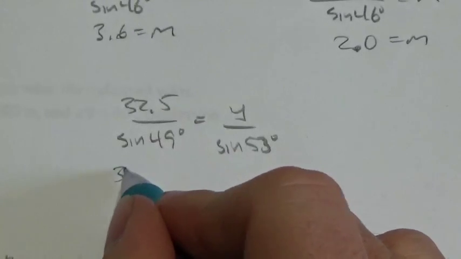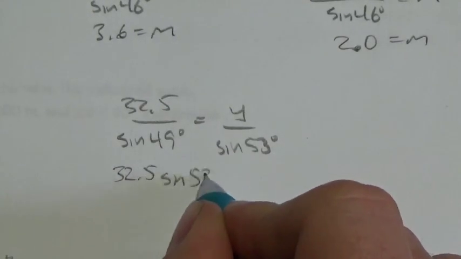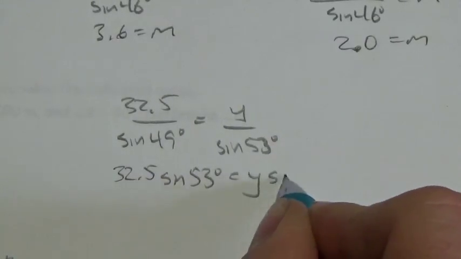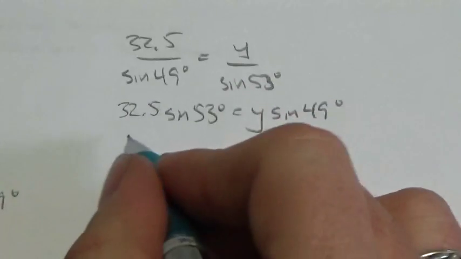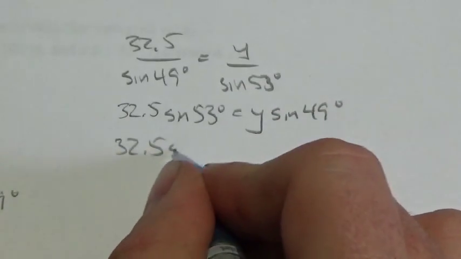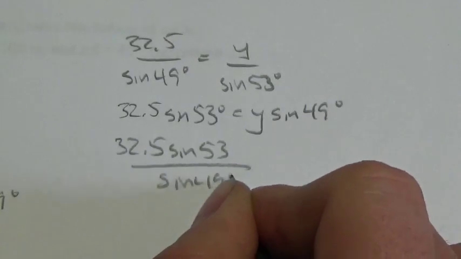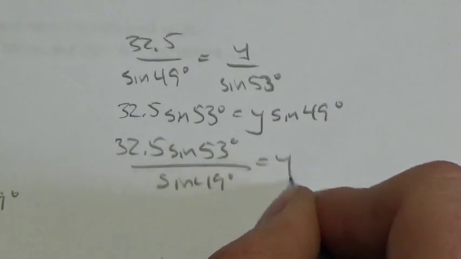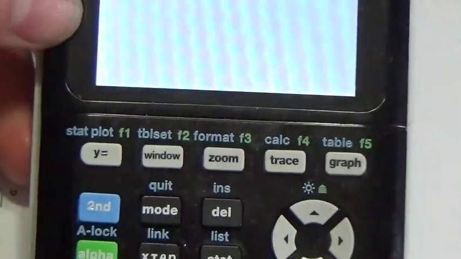Cross multiply, so 32.5 times the sine of 53 degrees will equal y multiplied by the sine of 49 degrees. We're going to divide. So always cross multiply and divide. Equals y. And now this is just, once again, calculator work.